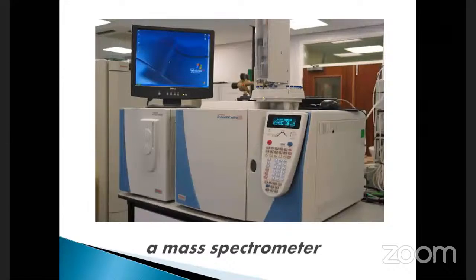This is a typical mass spectrometer. You can find it varied. You can find a smaller version of this, but the operation of a mass spectrometer is usually the same.